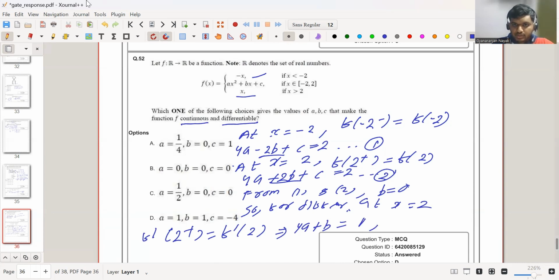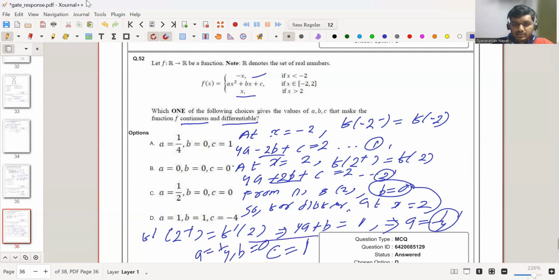We know that the value of b is 0, so the value of a is 1 by 4. And if you apply a and b values in equation 1, you will find the c value is 1. So our answer is a equal to 1 by 4, b equal to 0 and c equal to 1. Okay, that is option A is correct. We proceed for next.